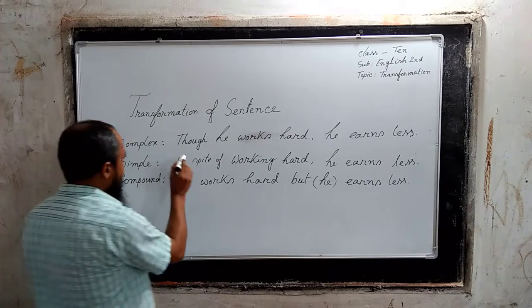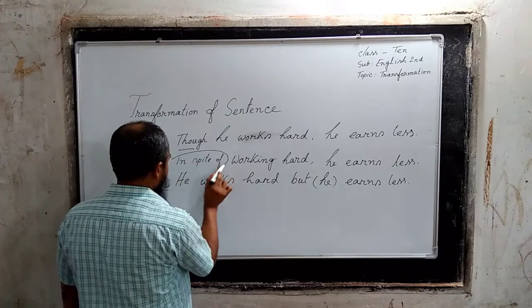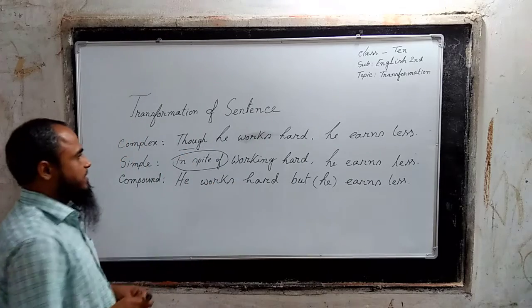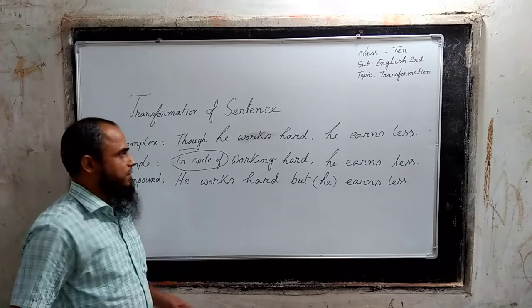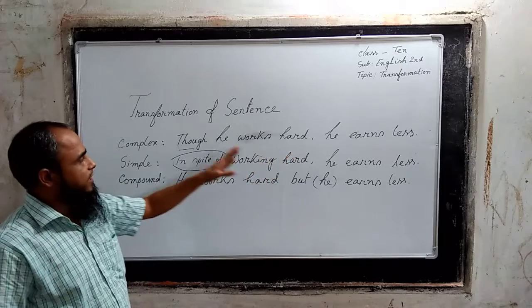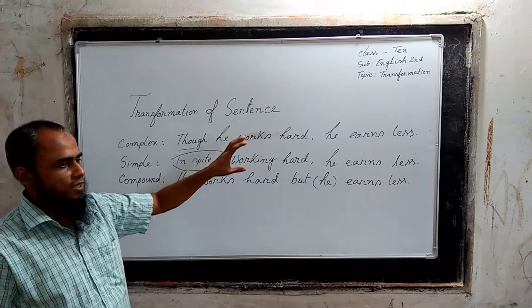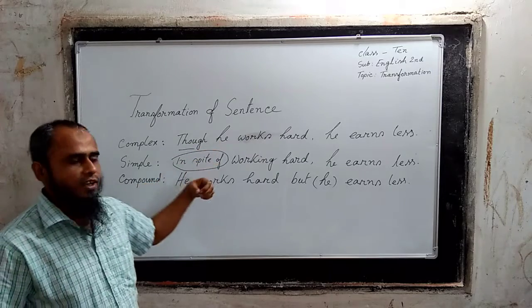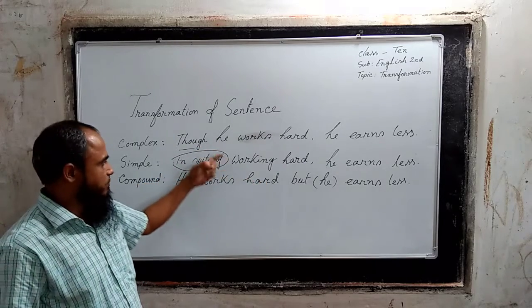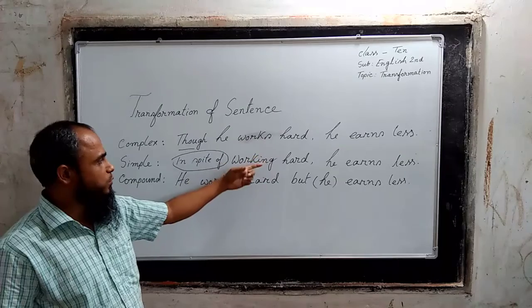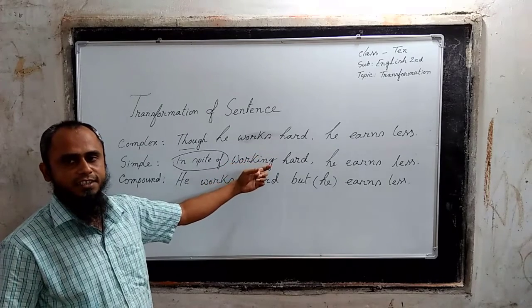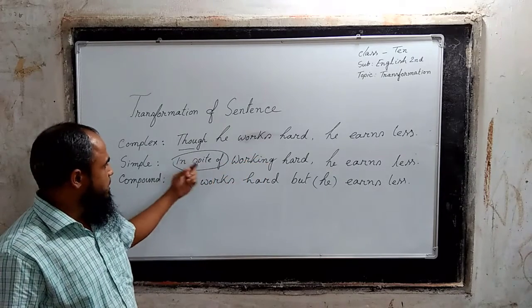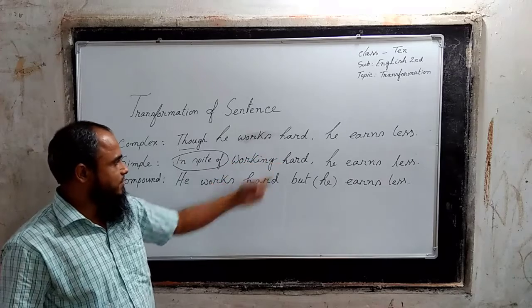Instead of though, you will use in spite of. And after that, if the subjects are the same, that means in the principal clause and in the subordinate clause, if the subjects are the same, then you have to reject the subject. And after rejecting the subject, you will add ing with the verb. So: in spite of working hard.